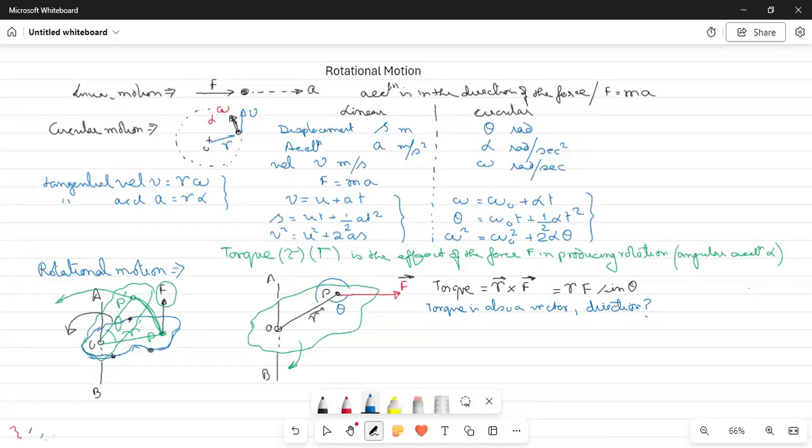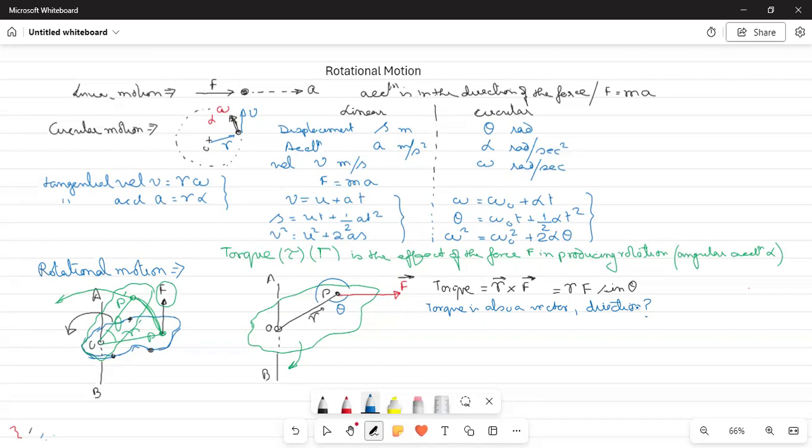If you remember from your vector algebra lesson, the direction of the cross product is always perpendicular to the component vectors.